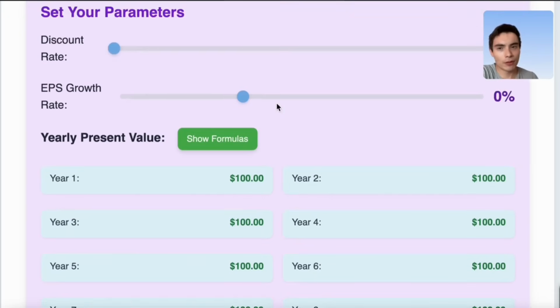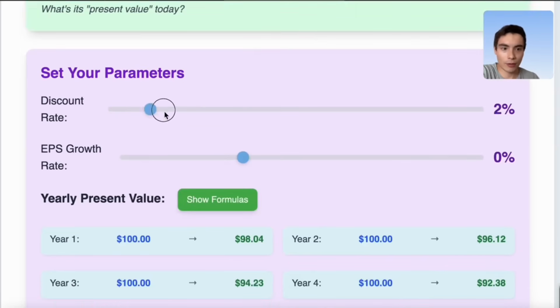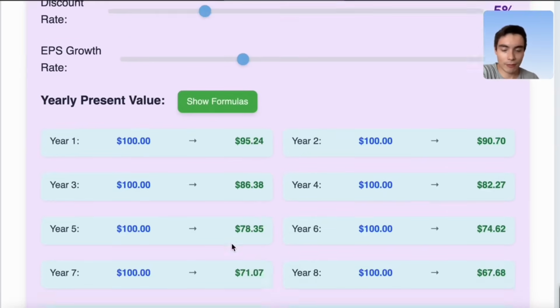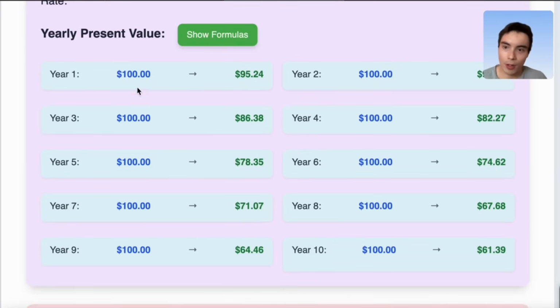For this example, we're going to use a 5% discount rate. So what's going on right now? The $100 received in year one is discounted to today. The money is not received on the first day, but at the end of the year. So the value today is $95.